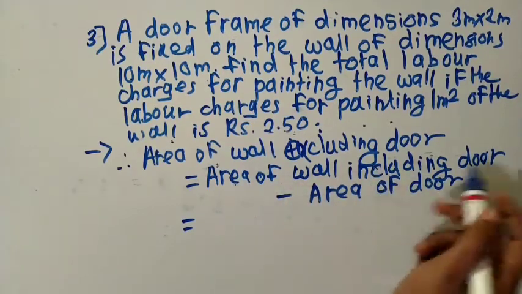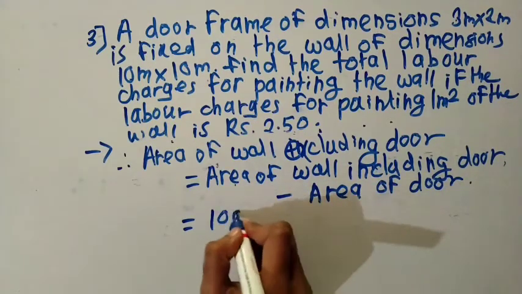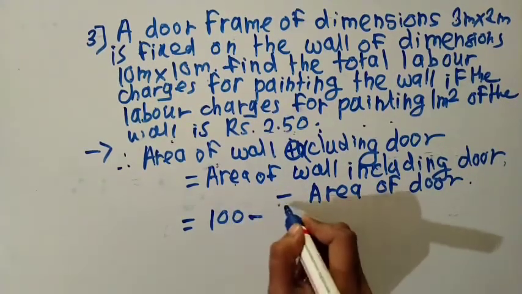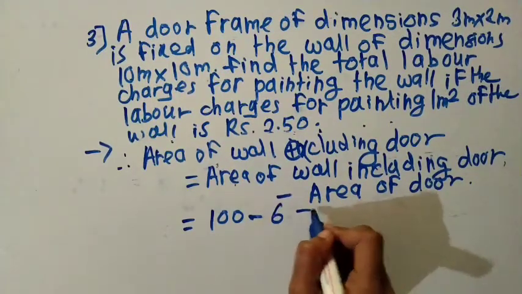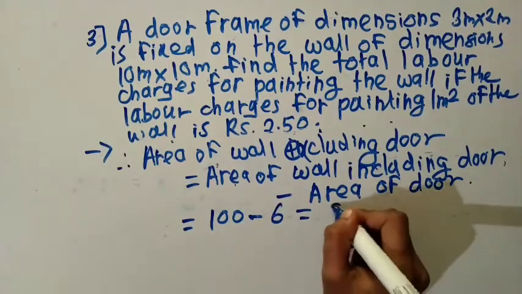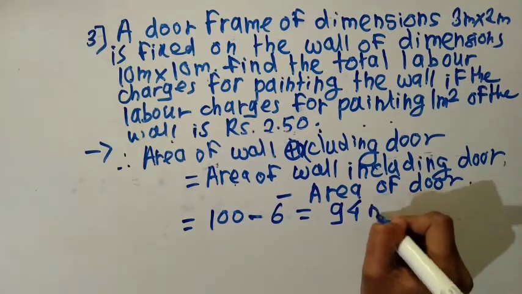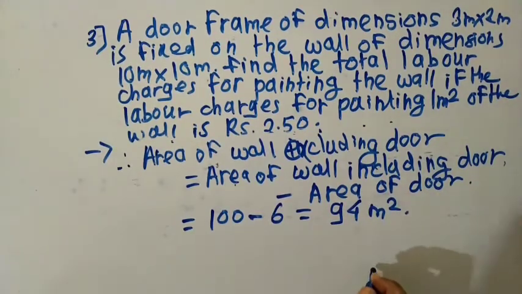But area of wall including door is 100 minus area of door 6, so 100 minus 6 is equal to 94 meter square.